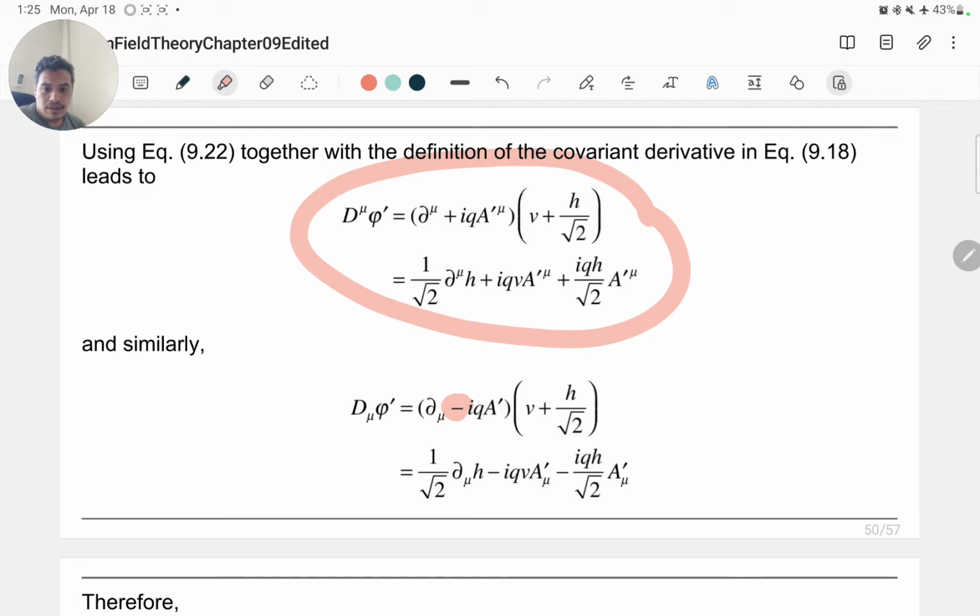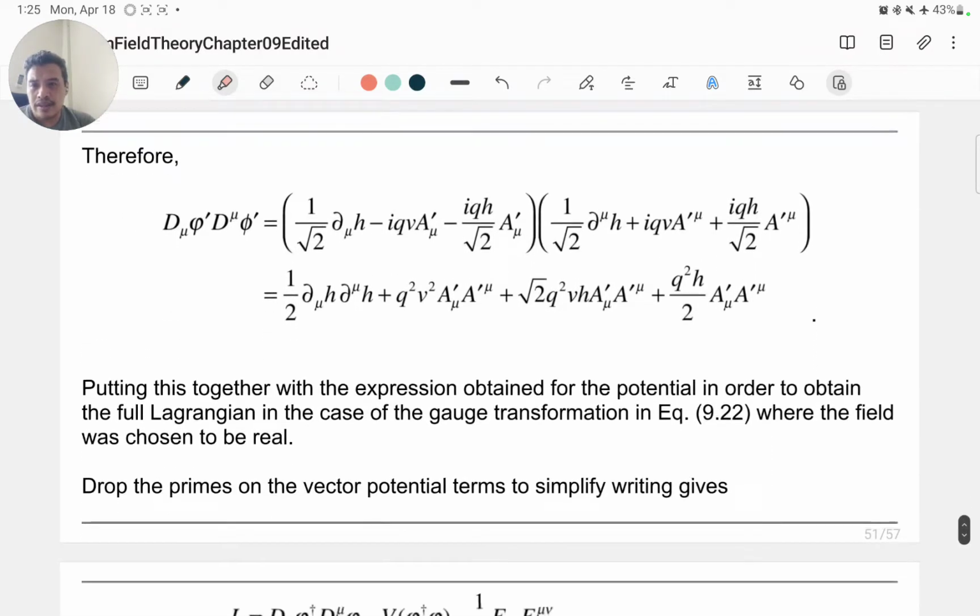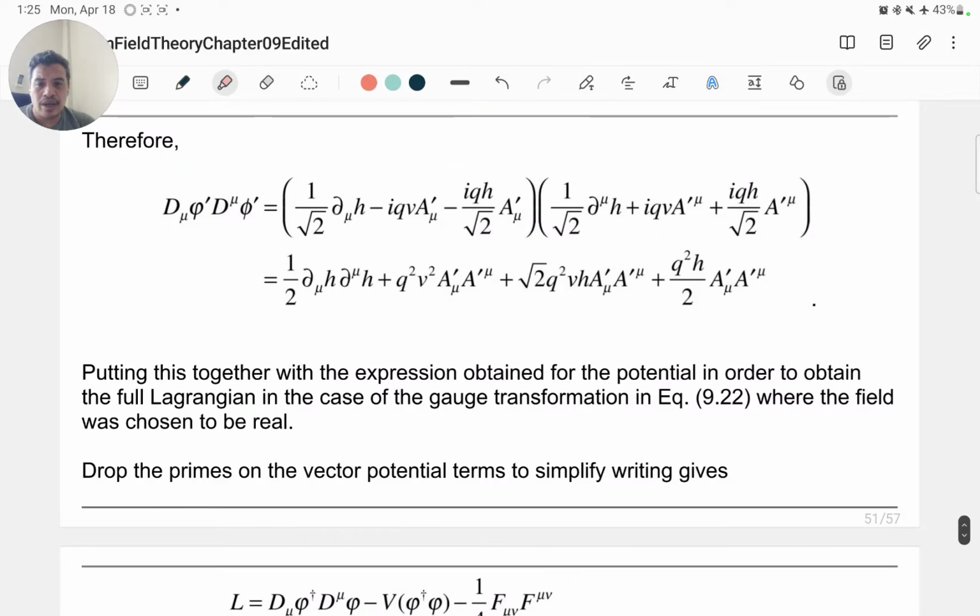So the only thing that differs would be this sign from here. Therefore, when you multiply them, you would have an expression of 4 terms.